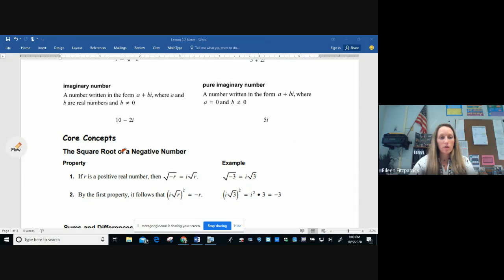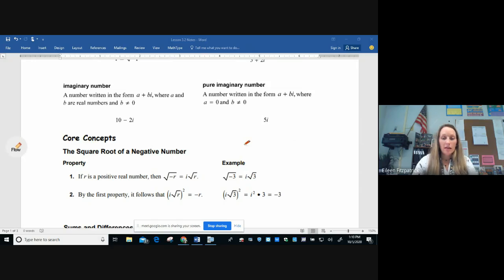All right, so for the square root of a negative number, we have some properties. It says if r is a positive real number, then the square root of -r is i root r. When we see that negative underneath the radical, it looks like you're pulling an i out, indicating that it is an imaginary number. So for example, the square root of -3 is equal to i root 3.